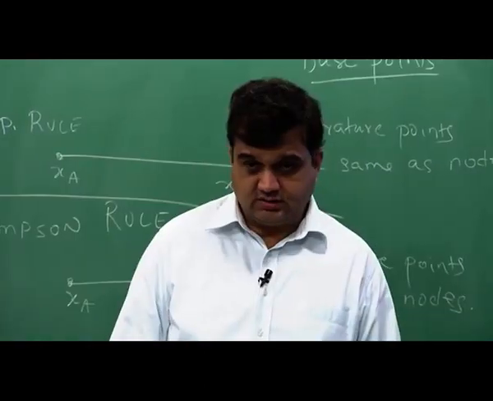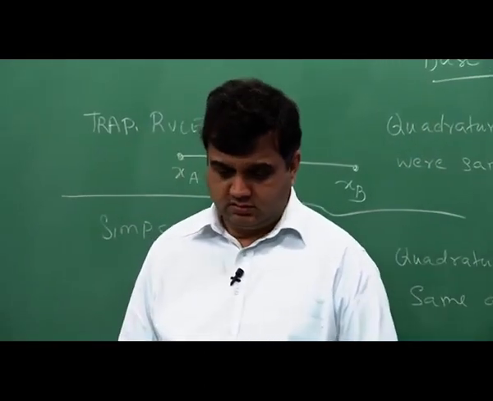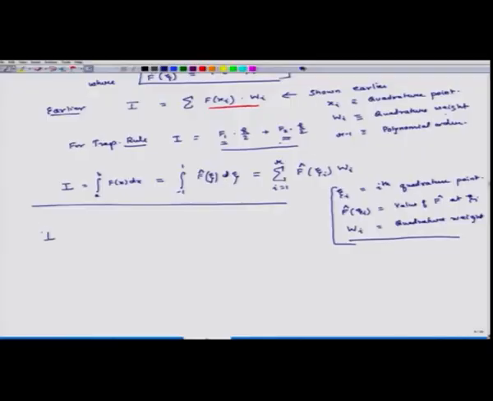But in Gauss quadrature, first one is quadrature points and nodes are not same. We will show that. This is very important.